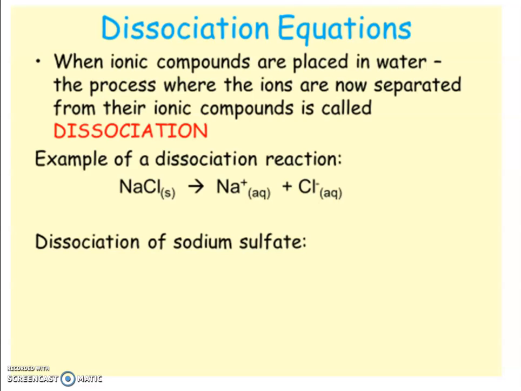Okay, so here we're going to look at dissociation equations. When we talk about this dissociation process, there's actually a way that we can write this out. Now, this is not a chemical reaction, okay? We are not making something new. The only thing that's happening here is the ionic compound is breaking up into its ions.